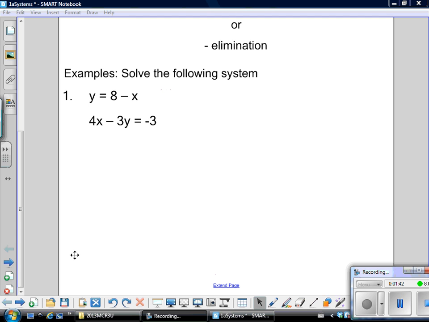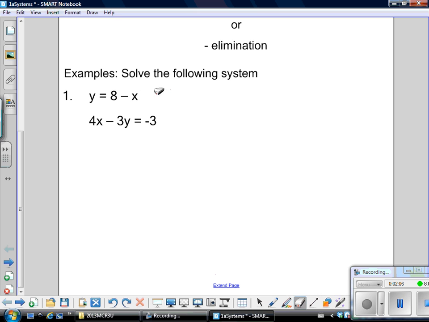Okay, so when I look at this, I have two lines, and the reason I'm going to do it by substitution is a couple different reasons. One, I have a y by itself on one side of one of the equations, so that makes it set up pretty good. So what I'm going to do is substitute this equation into the more complicated linear equation. First of all, we're going to label our equations.